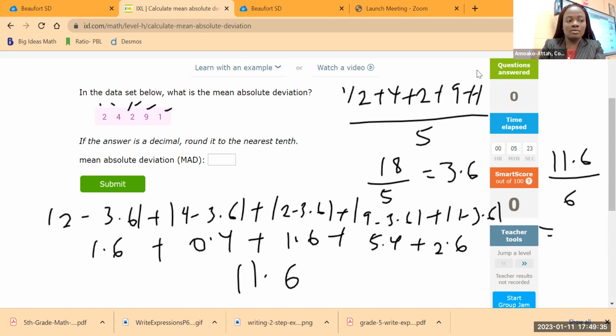We are getting 1.93333, going on to infinity. The question says if the answer is a decimal, round it to the nearest tenth. So our final answer will be 1.9 because the number afterwards is less than 5. So 1.9. Let's see.